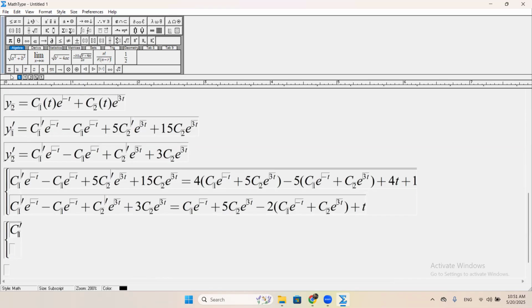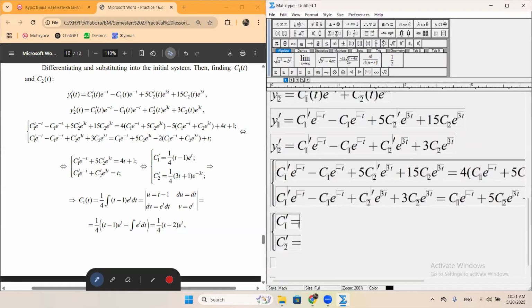So C1 prime and C2 prime equal: 1 over 4 (t minus 1) e to the power of t, and C2 prime will be equal to 1 over 4 (3t plus 1) e to the power of minus 3t.